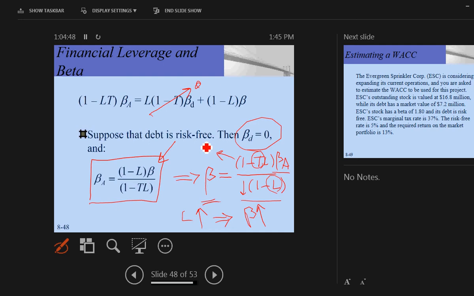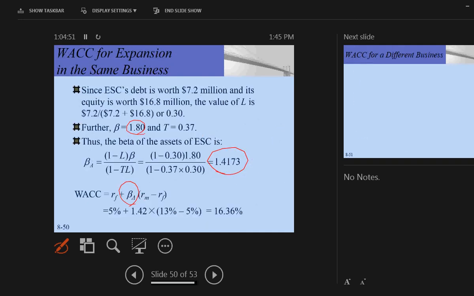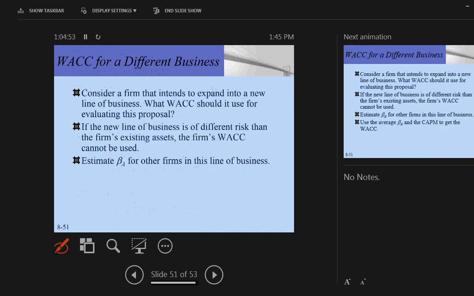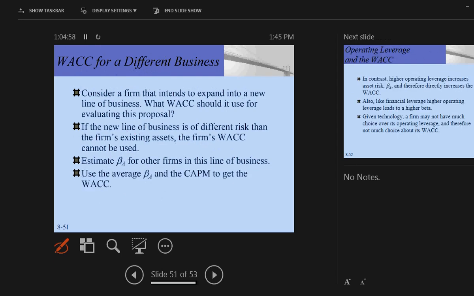And once you do that, you just take an average of those beta A's and then use that as a beta A for your own company, and then plug it back again in CAPM to calculate a weighted average cost of capital for this particular expansion.